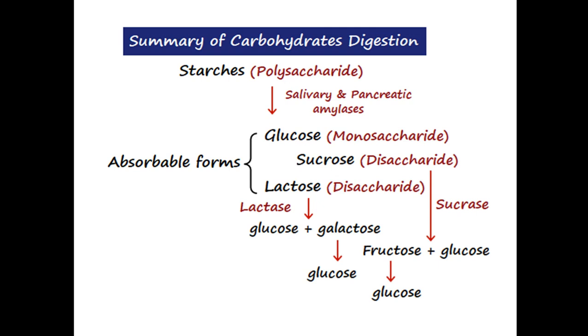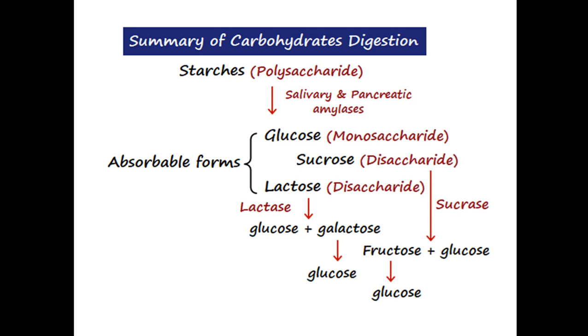The polysaccharides are partially broken down into disaccharides. Then in the small intestine, it is the pancreatic amylase which will break down the polysaccharides into monosaccharides and disaccharides, and in this form the carbohydrates are absorbed. We say that disaccharides and monosaccharides are the absorbable forms of carbohydrates.